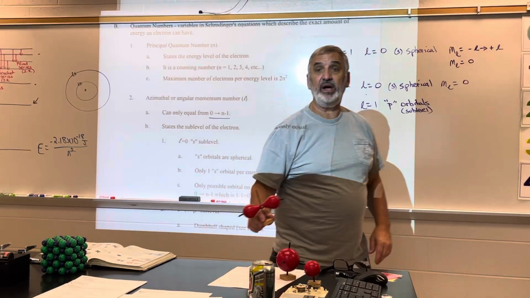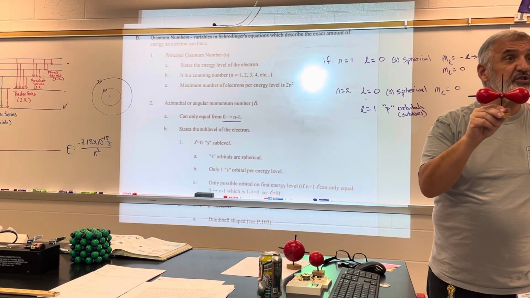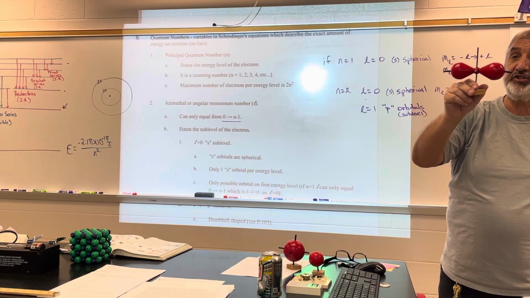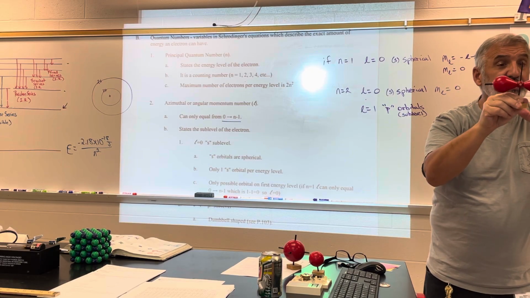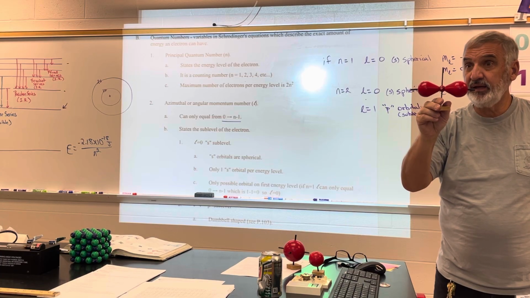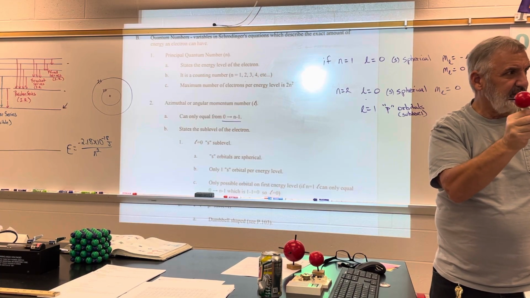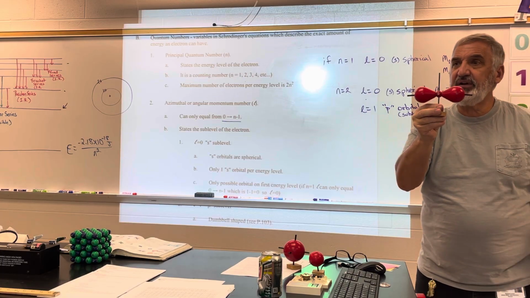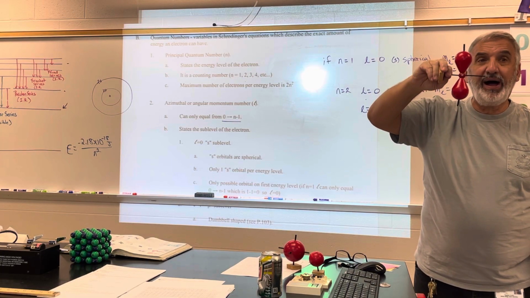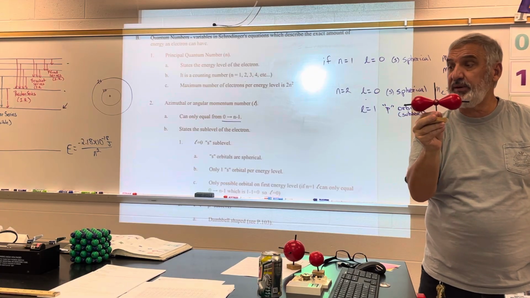If I plug n equals 2, L equals 1 into Schrodinger's equations and plot where the electron is going to be, it comes out into a shape that looks like this. However, this is very directional, very axial. So it could be on the x-axis, the y-axis, or the z-axis. Three different orientations that this could be.